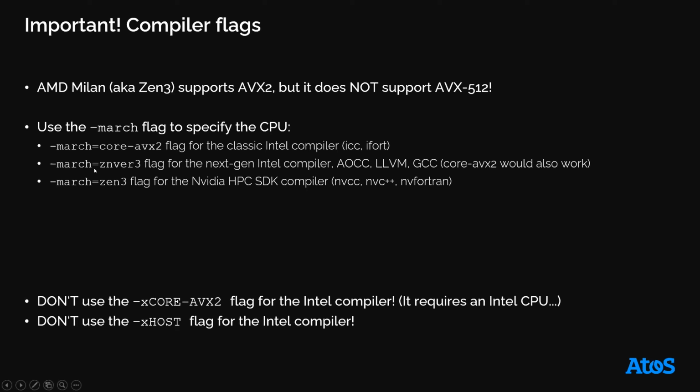What you should do is use the -march flag. Then you specify the architecture of the CPU, but you do not specify that it has to be an Intel CPU. So what is the best here for the classic Intel compiler, the one you have been using up to now, that is icc and ifort?